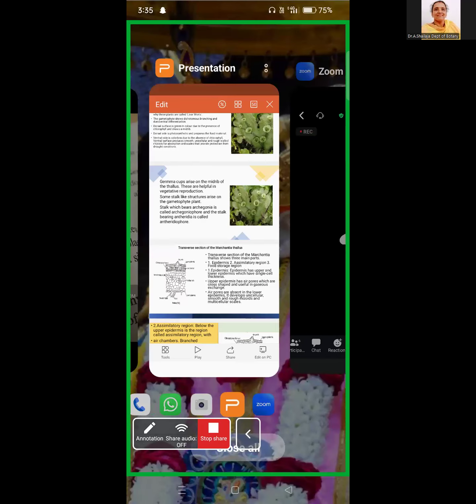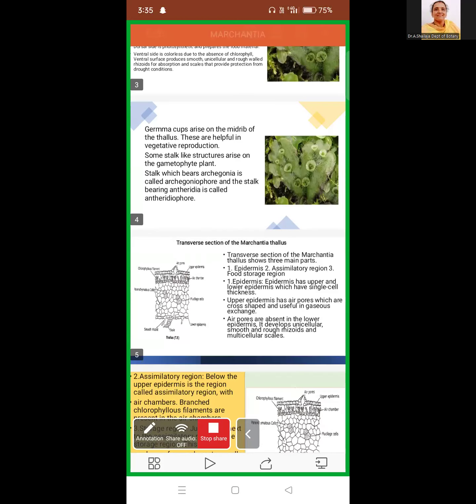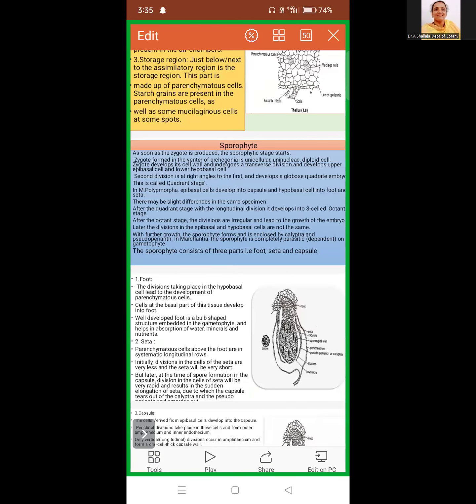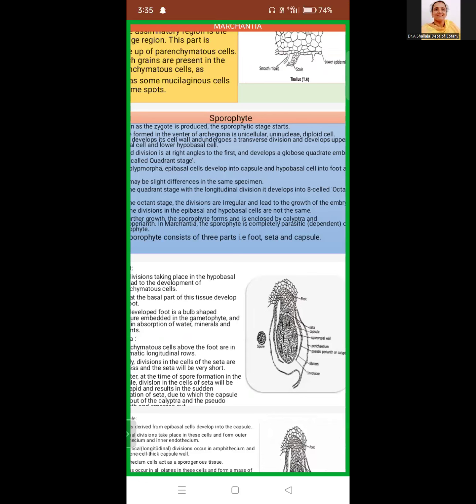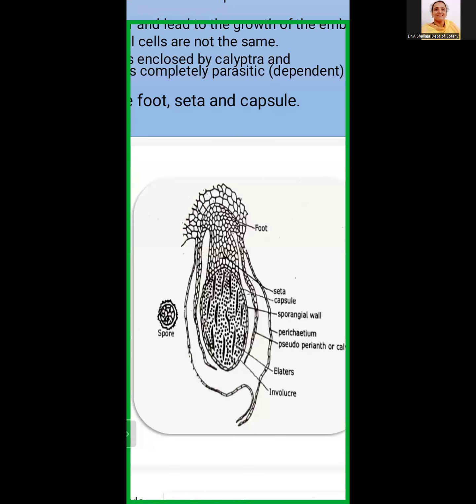See here, this is a sporophyte. From the antheridia, antherozoids are developed, and from the archegonia, the egg cell is developed.